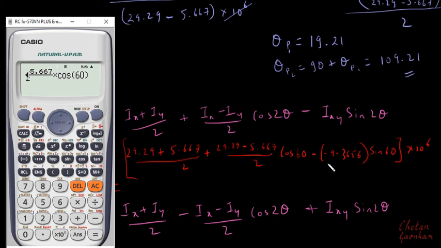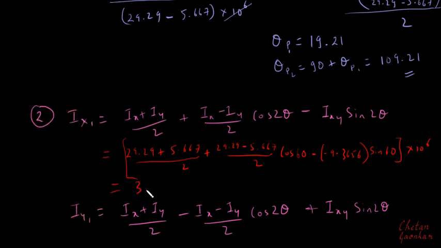Then minus and minus will become plus, 9.3656 multiplied by sine of 60, and I will get this value as 31.495. So Ix1 is 31.495 multiplied by 10 to the power 6 mm raised to 4.